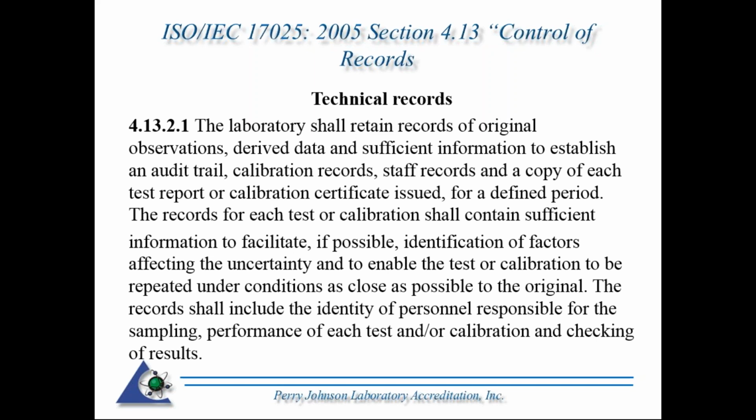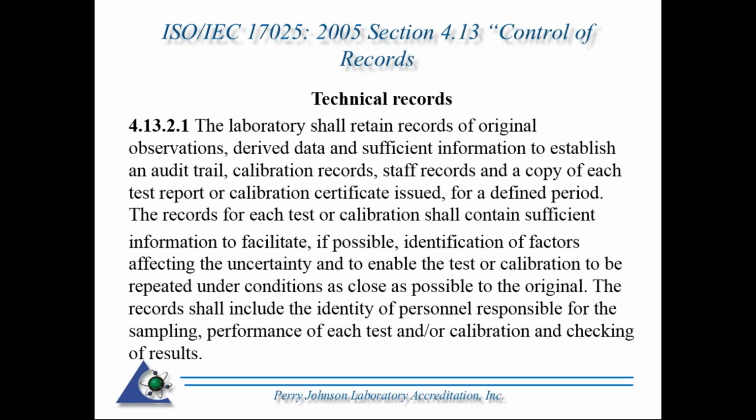The records of each test or calibration shall contain sufficient information to facilitate, if possible, identification of factors affecting the uncertainty and to enable the test or calibration to be repeated under conditions as close as possible to the original. The record shall include the identity of the personnel responsible for the sampling, performance of each test or calibration, and checking of results.